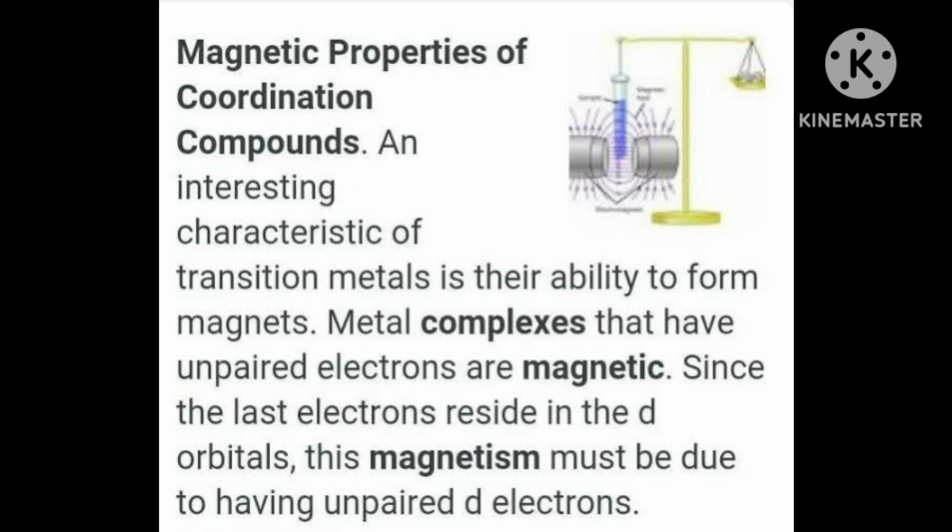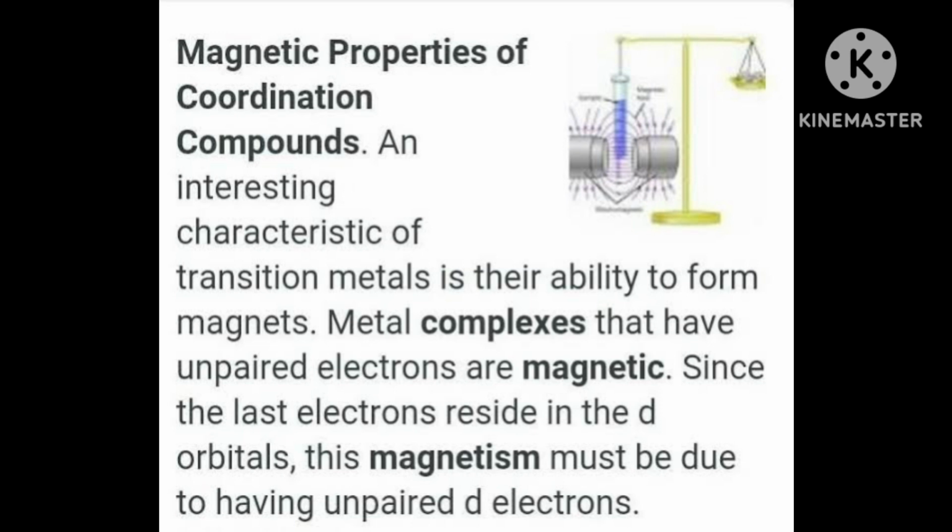In every case you have seen that for paramagnetic properties, unpaired electrons are required.